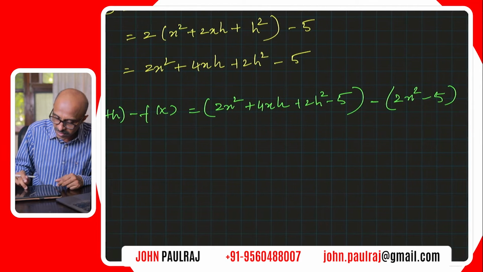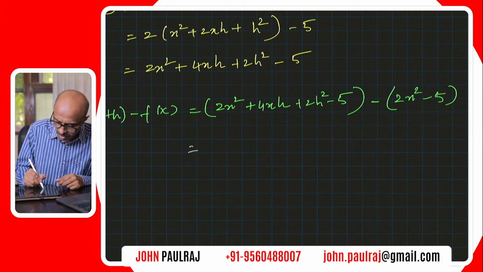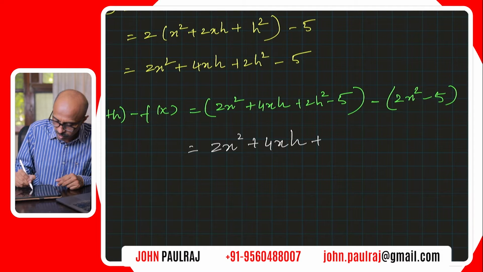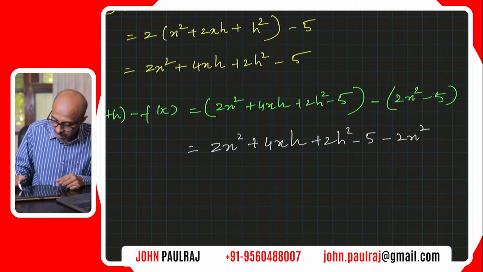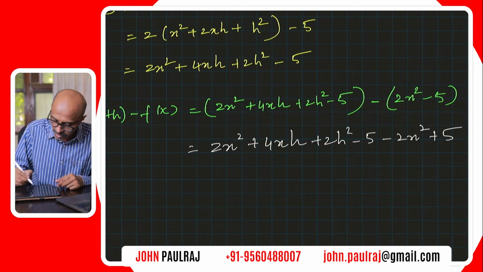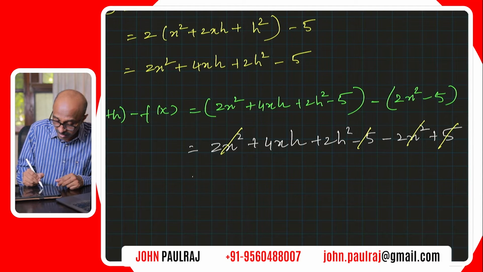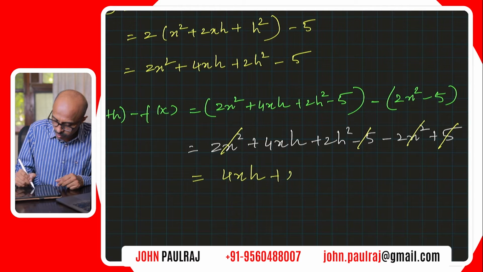When we simplify this, you get 2x squared plus 4xh plus 2h squared minus 5 minus 2x squared plus 5. You can see that 2x squared gets cancelled off, and this 5 also gets cancelled off, and this reduces to 4xh plus 2h squared.